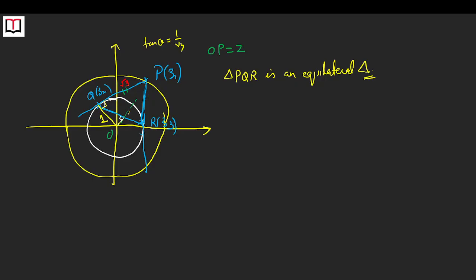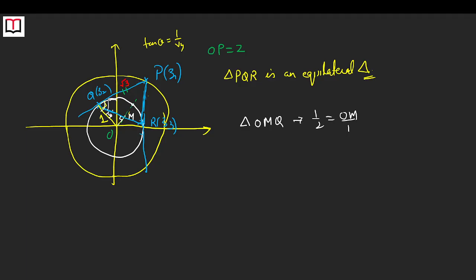So this is 90, this is 60, so this is also 30. And if I call this point M, what I am talking about is triangle OMQ, right angle at M. So what I need here is OM, bacho. So what shall I use? I shall use sine 30, isn't that? So sine 30 is half, which is OM by 1. So OM is half.